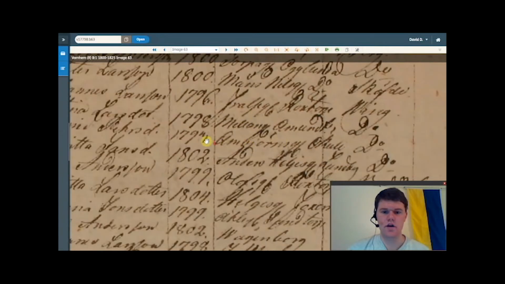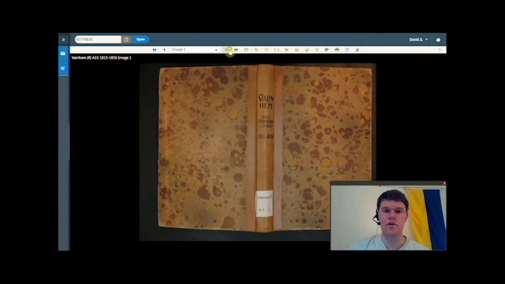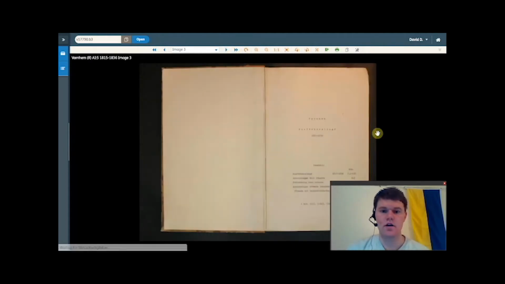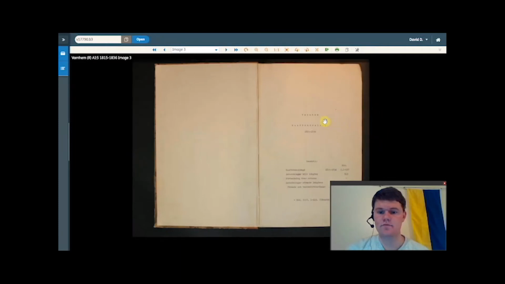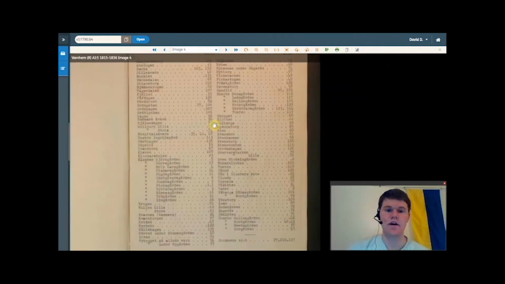So we are going to open up the household examination book for Varnhem. And first thing we do is we go and look at the index. Awesome. Here's the other part of the index. Also awesome.